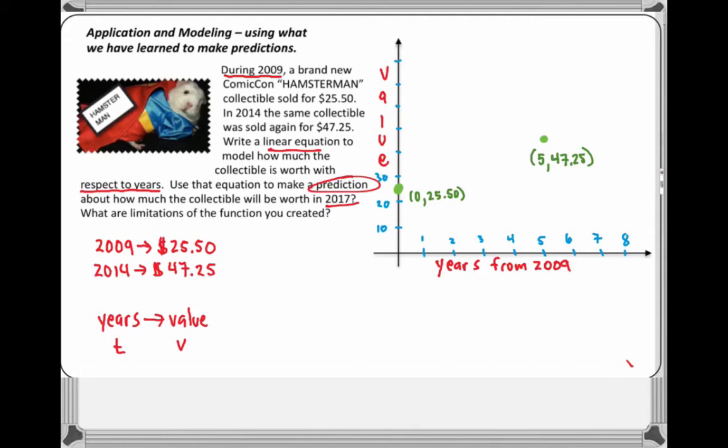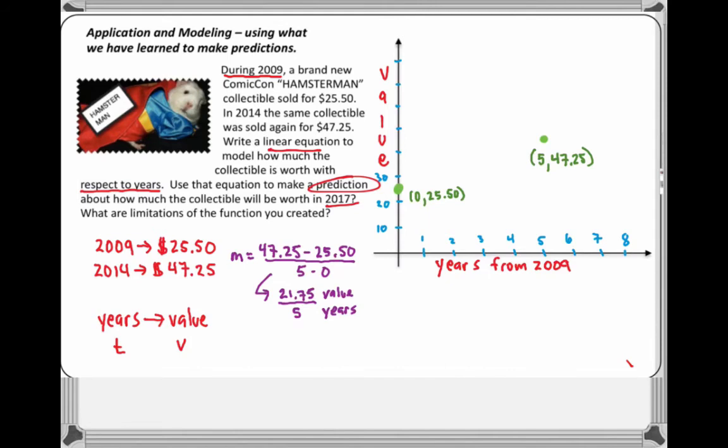It looks like we're going to need the slope and some other stuff. So let's go after what we have first, which is the slope. It shouldn't be too hard to find, and I will set it up. When we do the calculations, we have 21.75 over 5, which basically means it's going to gain $21.75 every 5 years.